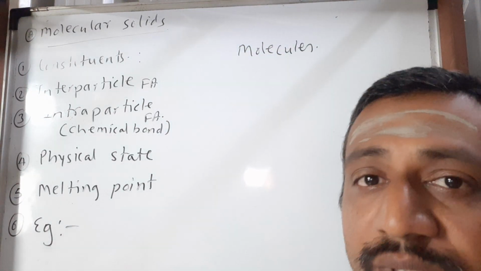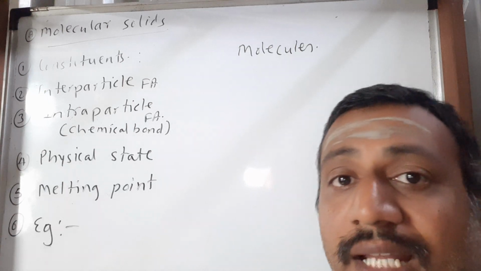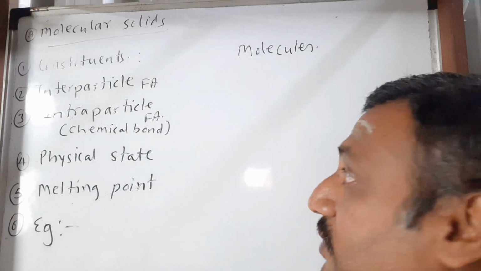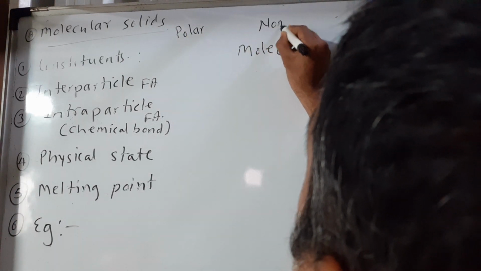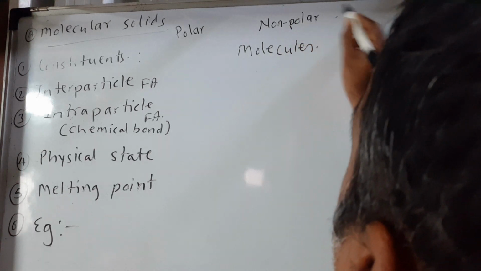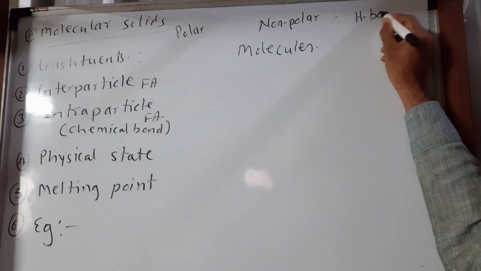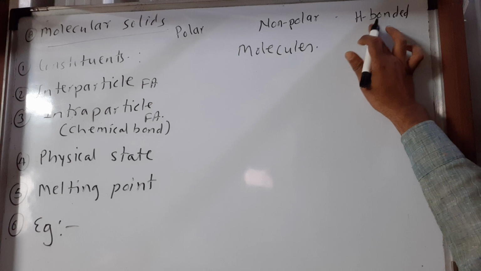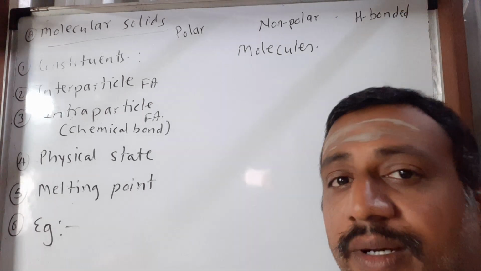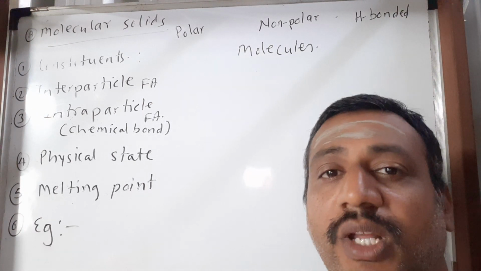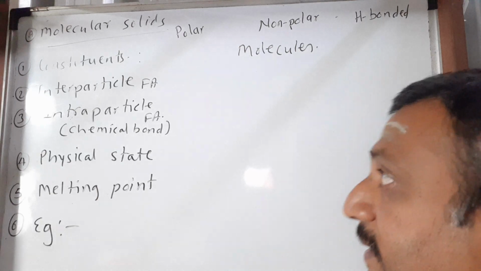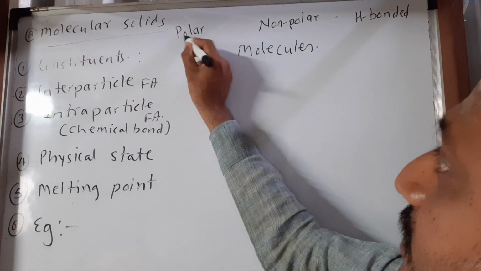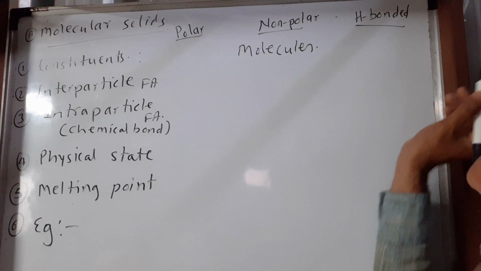Before continuing, let me tell you, these molecular solids are of three subtypes: polar molecular solids, non-polar molecular solids, and hydrogen bonded molecular solids. These hydrogen bonded molecular solids are also called hydrogen bonded polar molecular solids. Clear? So in molecular solids there are three types.